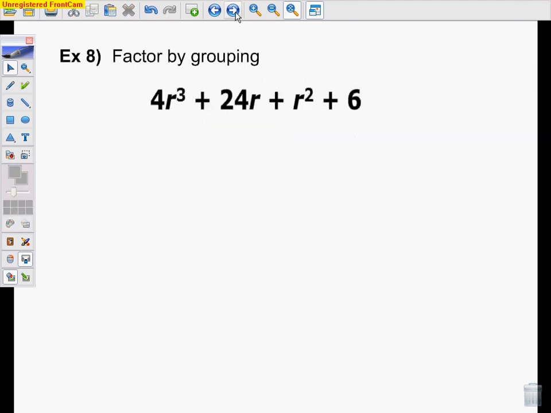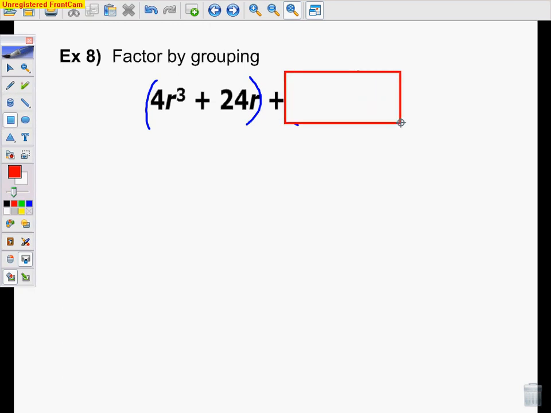All right, let's go on to this last one. Again, we're going to factor by grouping. So we're going to group the first two and group the last two. What factors out of this first set? Well, let's forget about the second set for now. What factors out of the first set, from the numbers 4 and 24, is a positive 4. And between r cubed and r, you can take out an r.